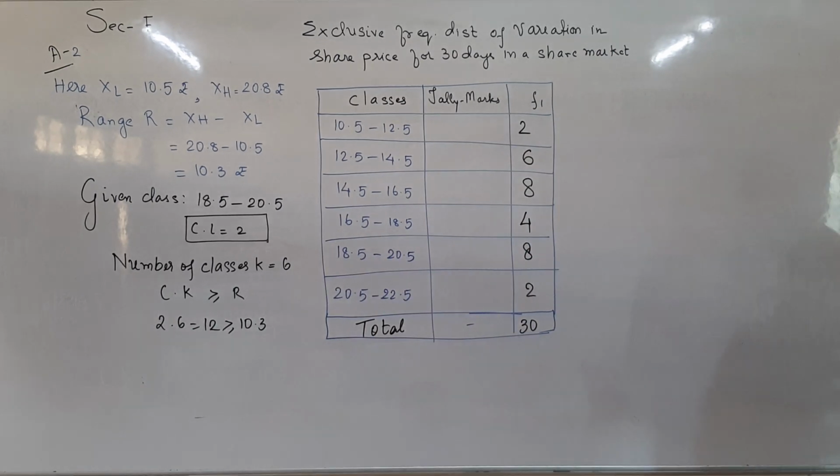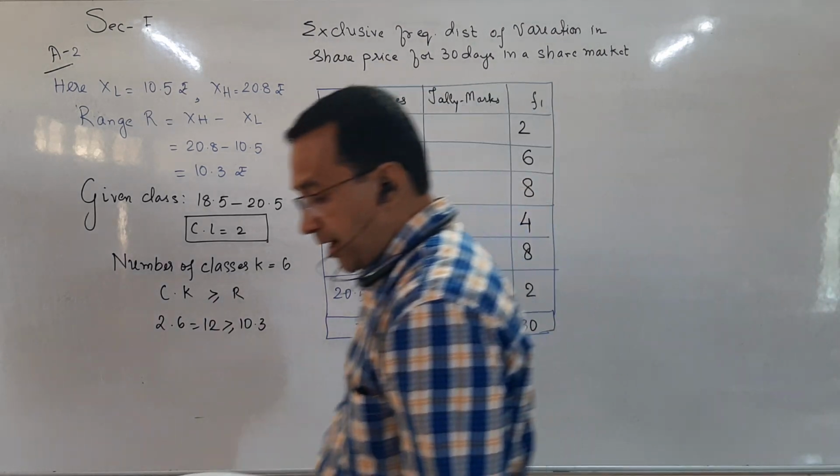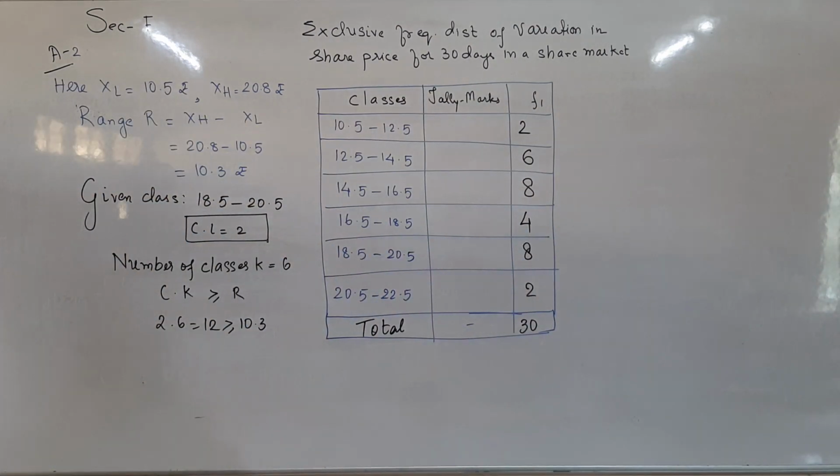This much is very easy, students. Now, based on this, we have to give answers, and these answers are very, very important. On the basis of this frequency distribution, answer the following questions.